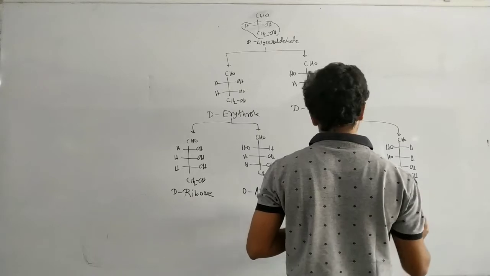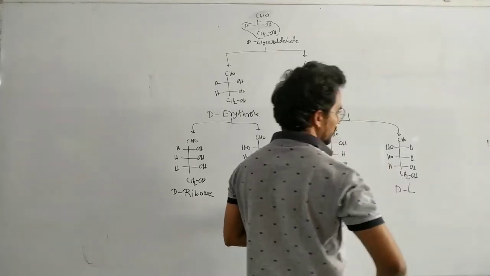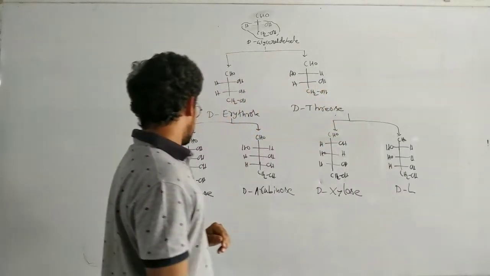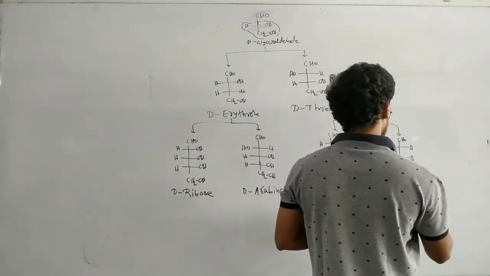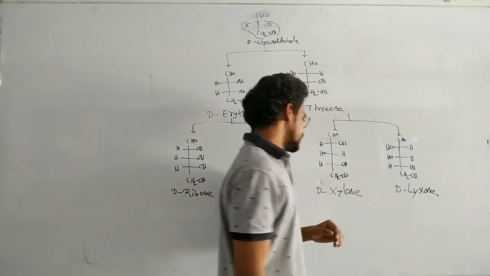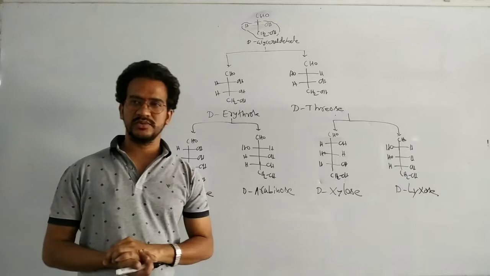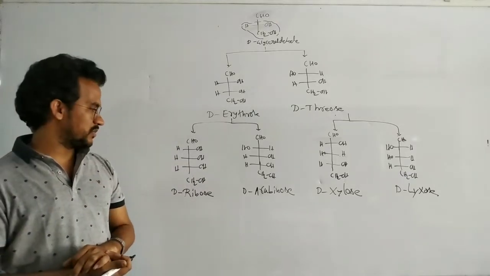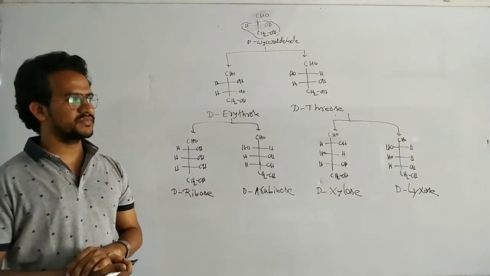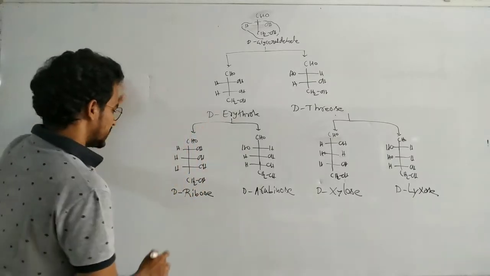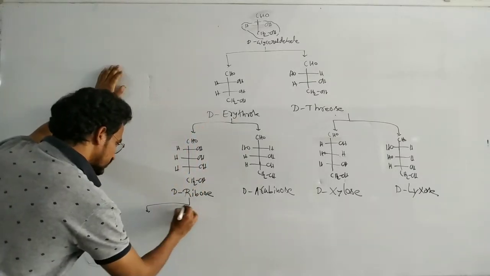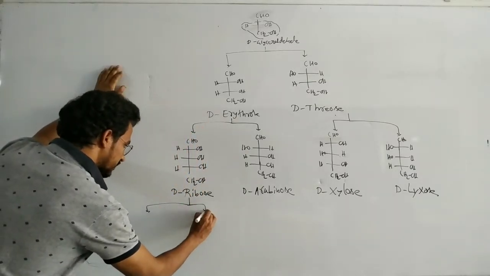It is lyxose. I think lyxose. Lyxose. Okay. Ribose, arabinose, xylose, lyxose. Yes. Okay. That's it. Next here, from this one, another two isomers.